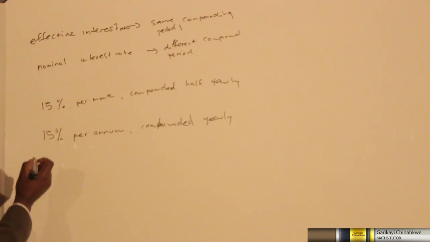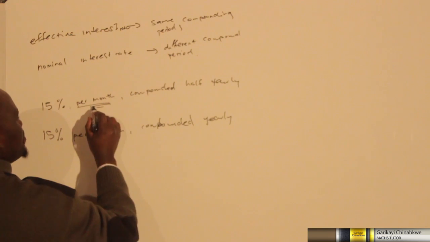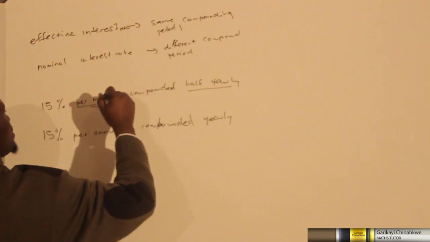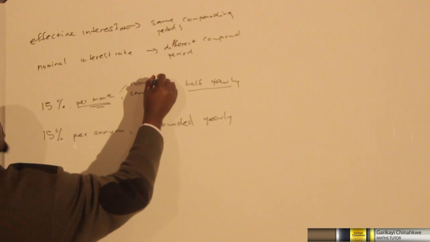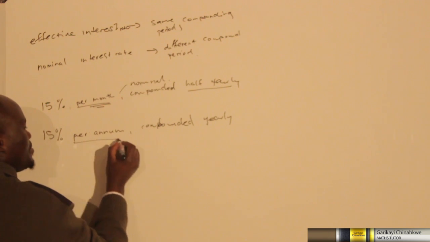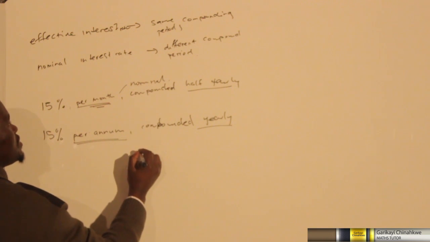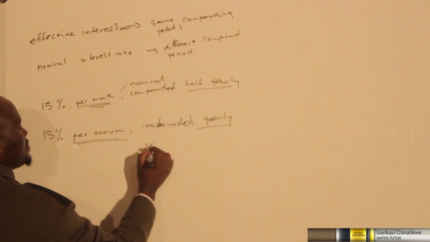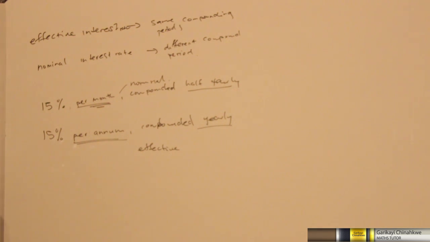Can you see? These are two compounding periods, per month, half yearly. So this one is nominal. This is per annum, compounded yearly, so this is effective. So that's the difference between effective interest rates and nominal interest rates.